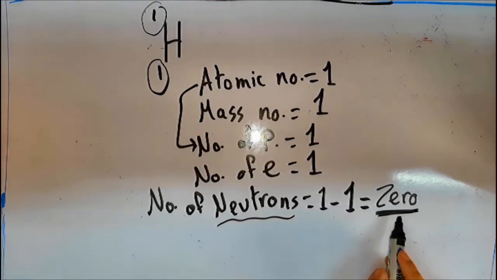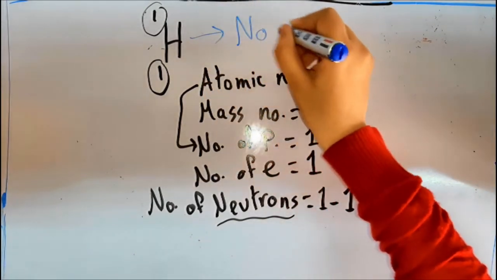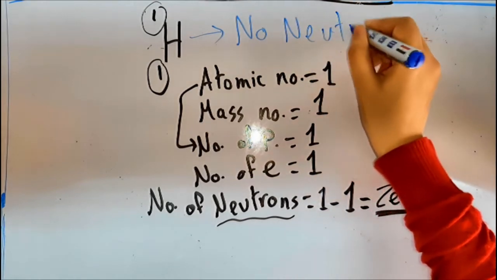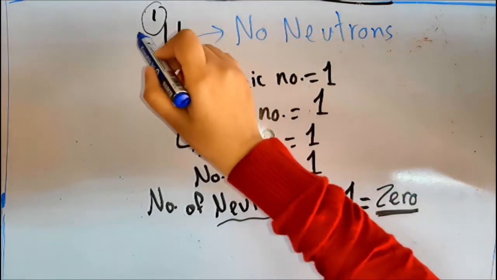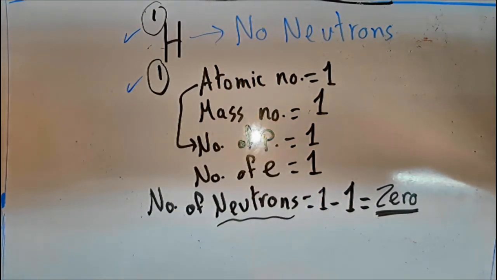The number of neutrons, as we calculated, equals 0. So you have to know that the hydrogen atom is the only atom which has no neutrons. Why? Because its mass number equals its atomic number, and we will find this case only in hydrogen.